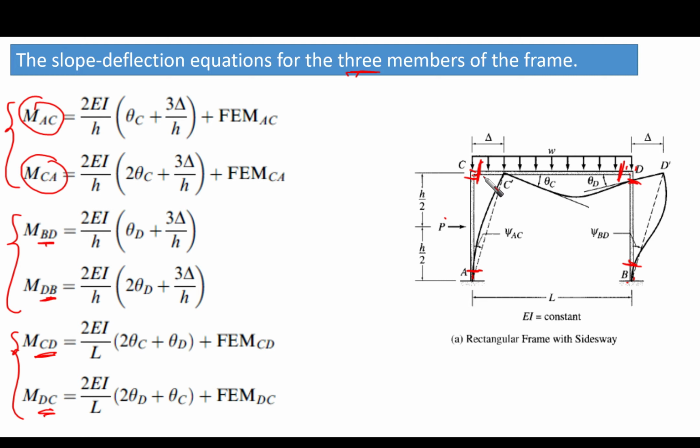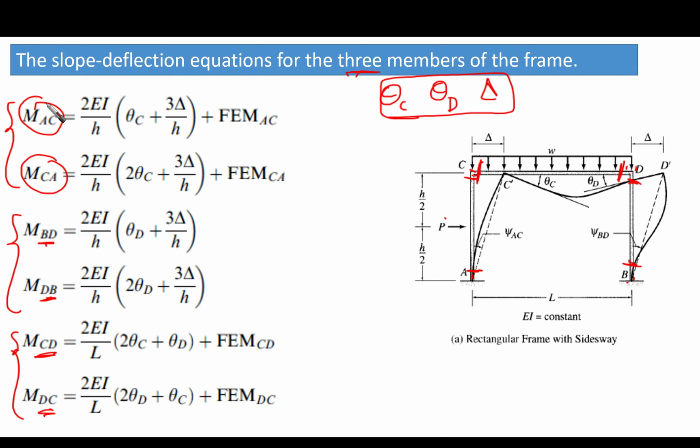We have 3 members and we are going to apply it 2 times at the ends of each member. Now the question is this: the main 3 unknowns for us, as we said, theta C, theta D, delta, are going to be used as the main variables for the definition of all the moments here.